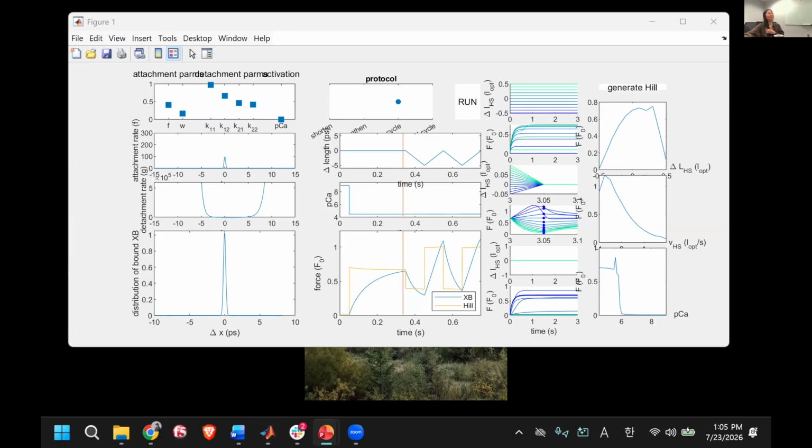So yeah, there have been some attempts to incorporate history dependence into Hill-type muscle models, but so far they are limited for different reasons. I will talk about that a little more later. But the main problem is generalizability.